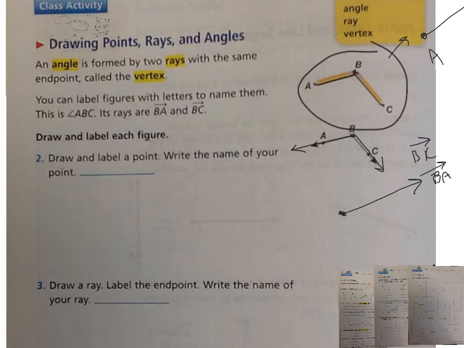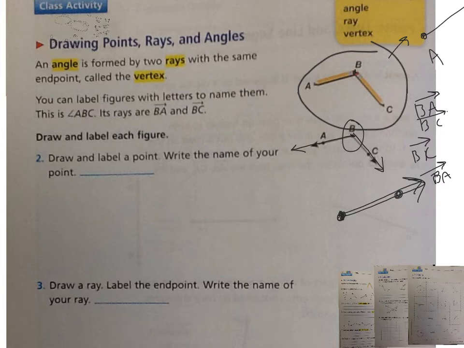In this case it does, because when you have a ray that starts at an endpoint and goes on forever, you need to tell us where it starts. So when you draw your symbol for it, you always make sure the endpoint is first. So in this case it's B, so it'll go BA, and then the other one's BC. So there's two rays here, ray BA and ray BC. Make sure you write where the ray starts first.